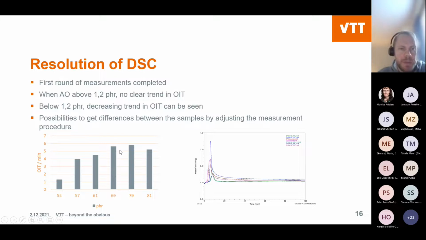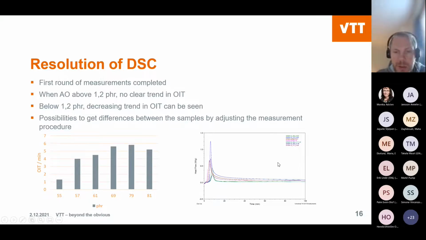But when the antioxidant amount is above 1.2 pHr, we really cannot distinguish differences between the samples. So it seems like this OIT would function with relatively low antioxidant contents, but with a relatively new, fresh sample, at least based on these measurements, we didn't see any differences when the antioxidant content was high.